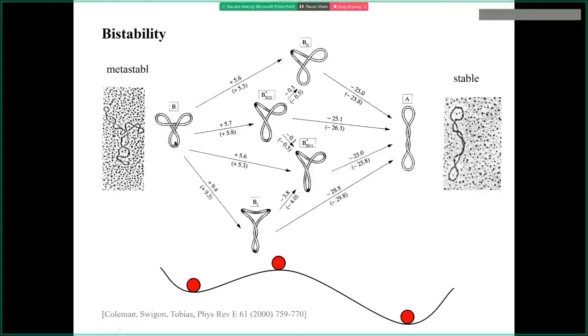They're both local minima. The B would be with 3 loops, both local minima, and in between you have saddle points which describe configurations which are barrier for transitions between the local minima.